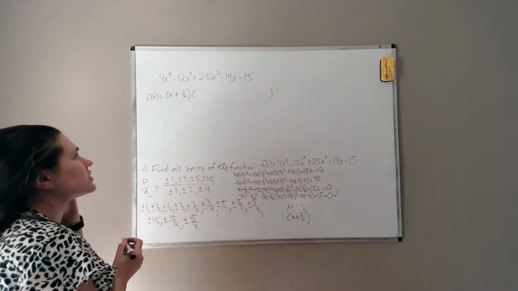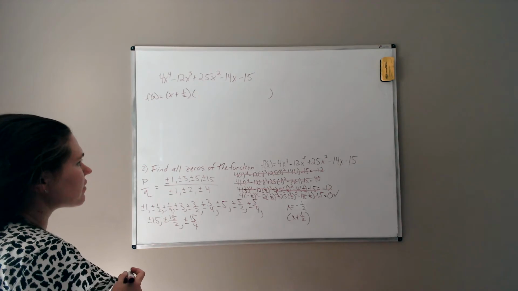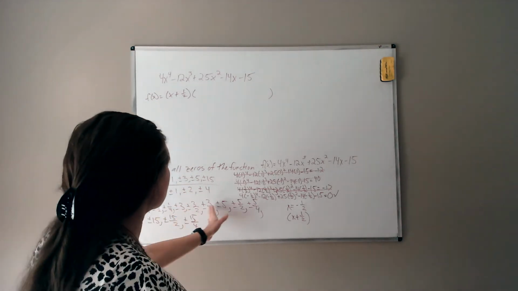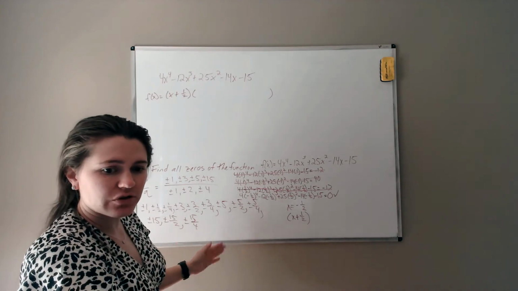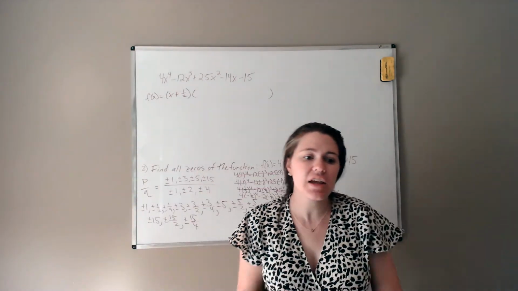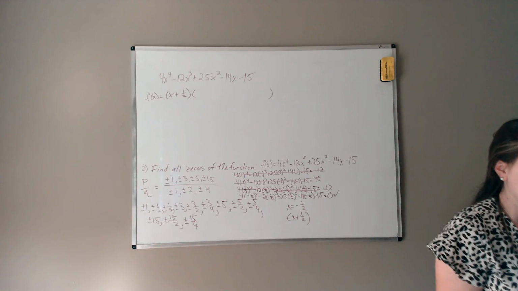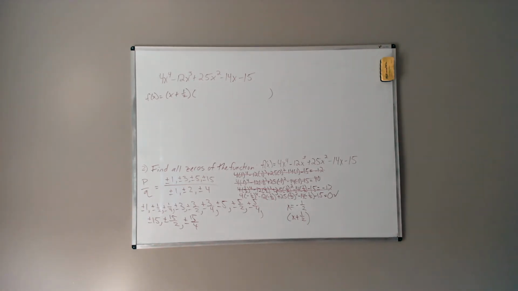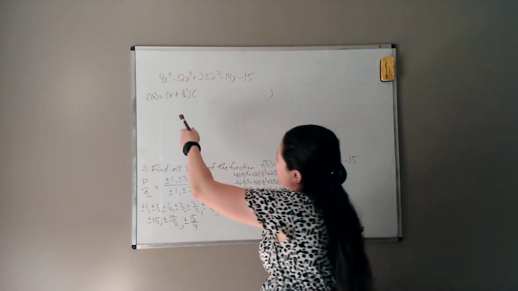Now we have options here. What we can do is keep going through our list of rational zeros and see if this has any more rational zeros, because if it does, they're going to be in this list. Or we can say, this is a linear factor.